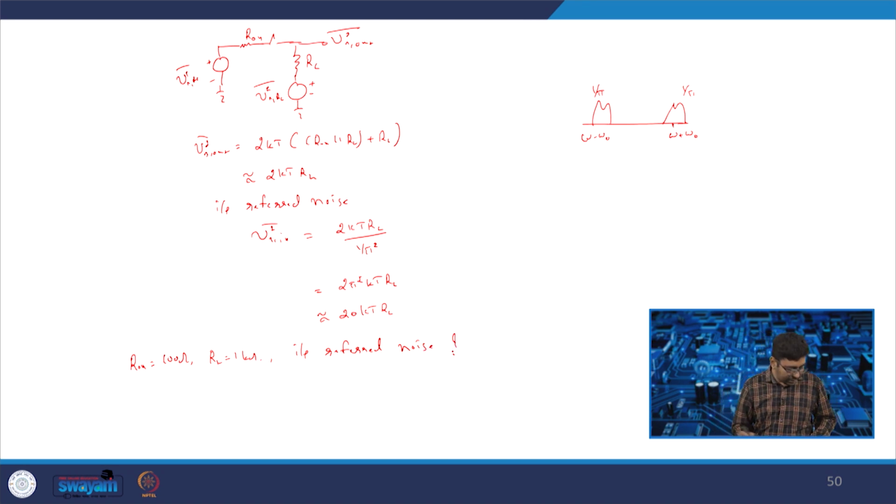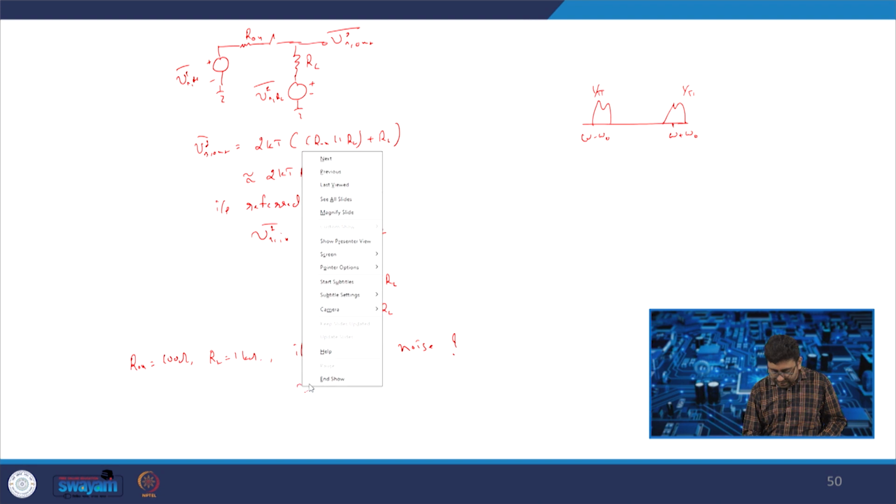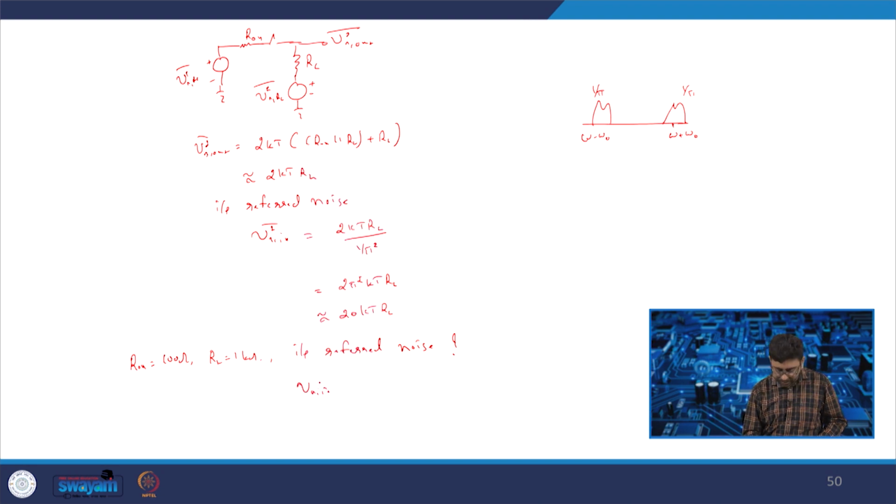It is simple, we can write Vn in square. If we consider the square root, it is 8.14 nanovolt per square root hertz.